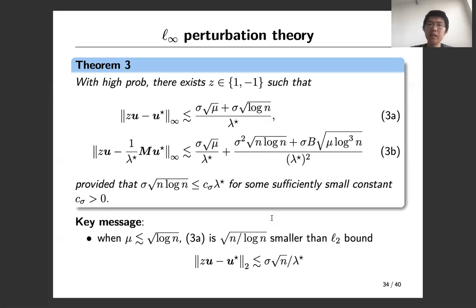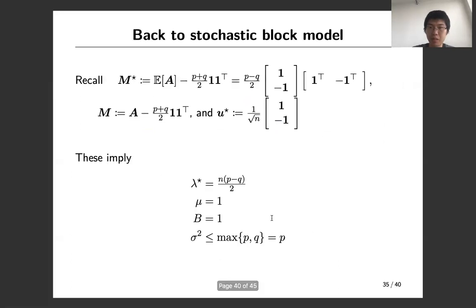Okay, so now let's apply this general theory to the SBM problem. Okay, this is just to recap a bunch of notations. We have a key matrix M star, which is also a rank-1 matrix, and we have the surrogate matrix M, which is given by the shifted version of the adjacency matrix. We use u star to denote the leading eigenvector of this one, and it's the best case.